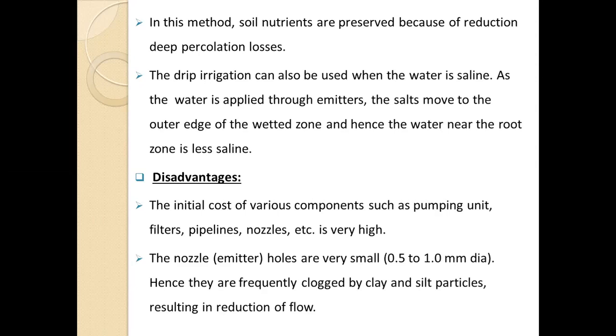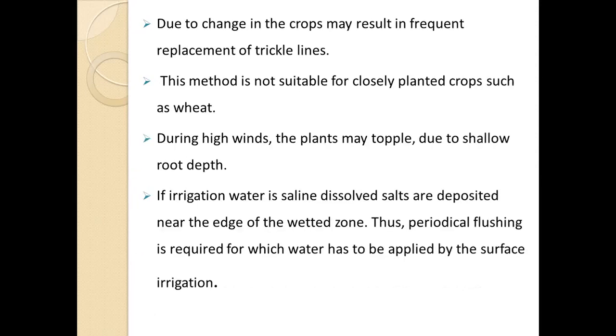Moving to the disadvantages: the initial cost of various components such as pumping unit, filters, pipelines, nozzles, etc. is very high. Emitter nozzle holes are very small, about 0.5 to 1 mm in diameter, and are frequently clogged by clay and silt particles, resulting in a reduction of the flow. Due to change in the crops, it may result in frequent replacement of trickle lines, right.